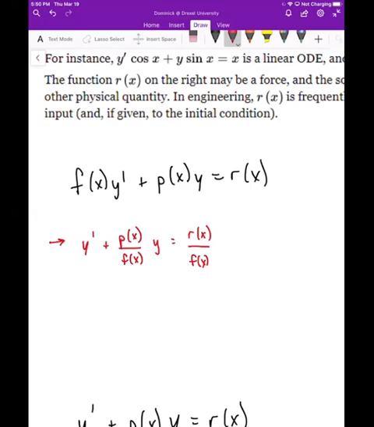And then we would think of p of x over f of x as just p of x, and r of x over f of x as our new r of x.